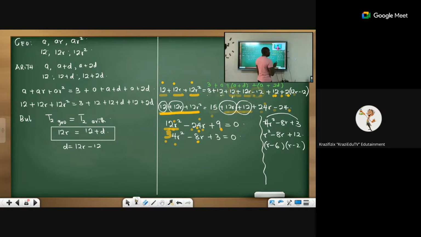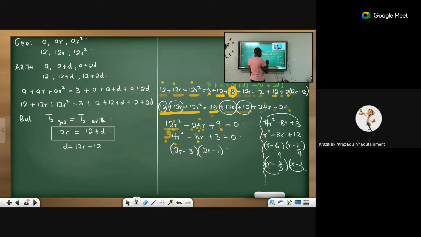Now, we multiplied by 4. Some of you know this method. What do we then do? We divide by 4. So R minus, simplify that, 3 over 2, and R minus half. We move the denominator here. It gives us 2R minus 3, 2R minus 1.